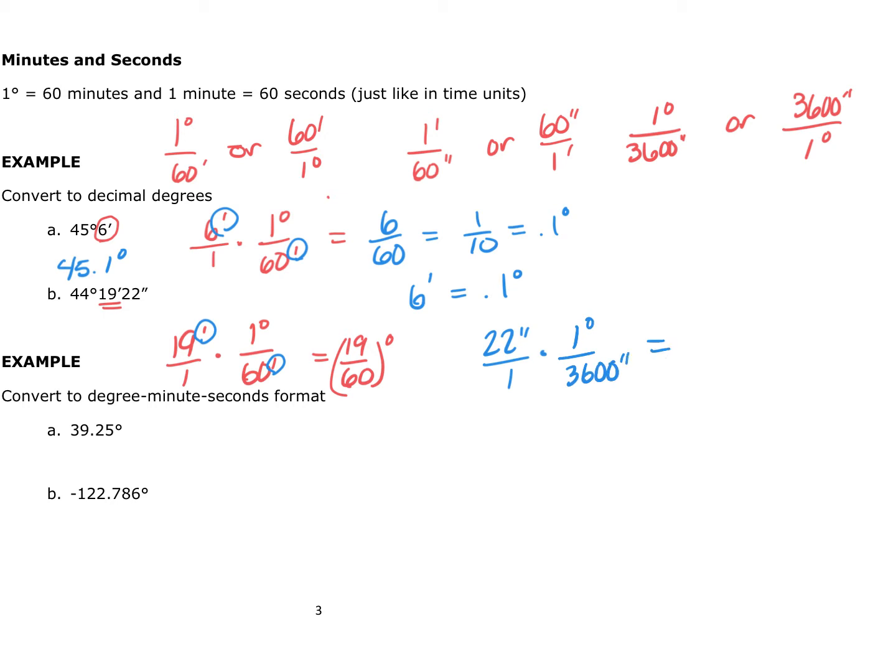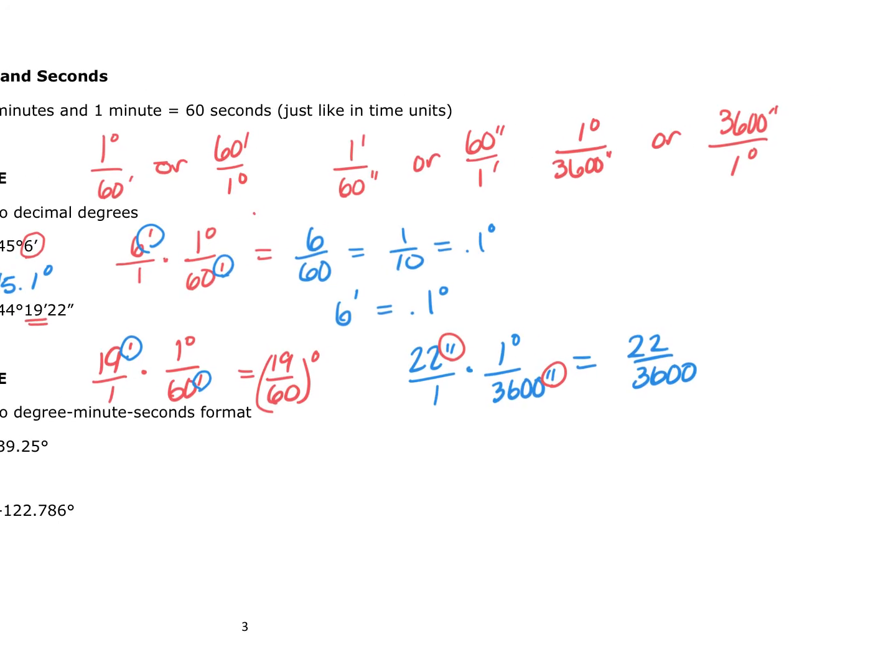And so I end up again, my seconds will eliminate, and I have 22 over 3,600.